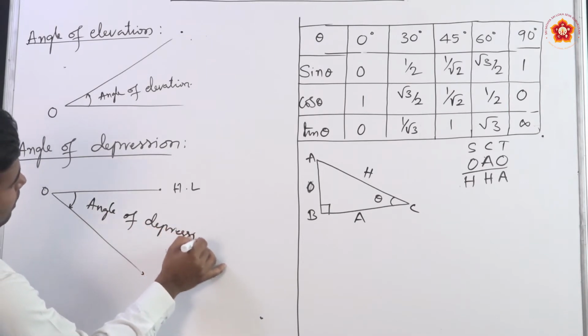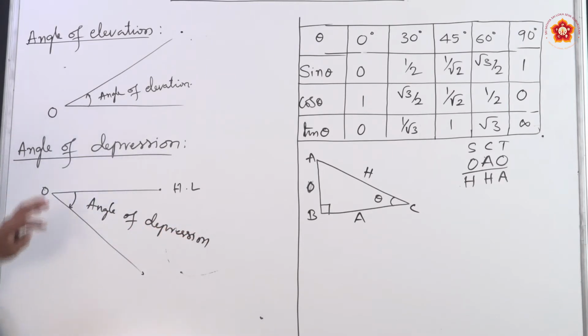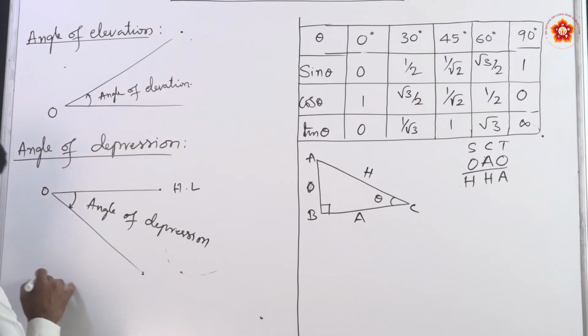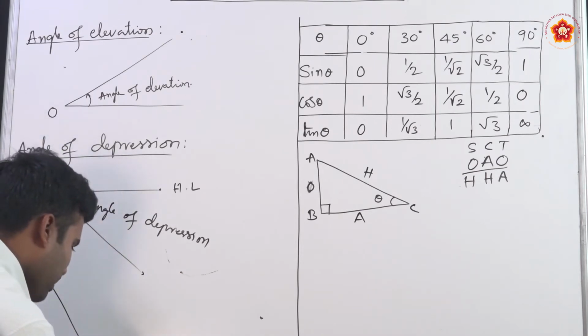Now we will see an example of angle of elevation as well as angle of depression. Suppose here we have a mountain and the person is here.